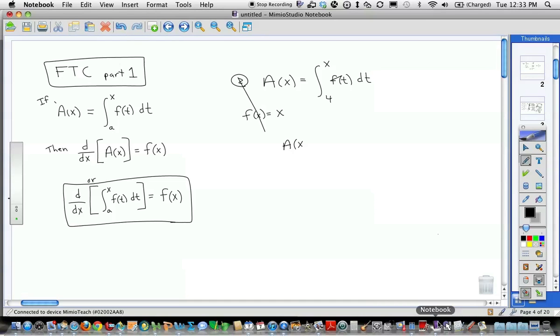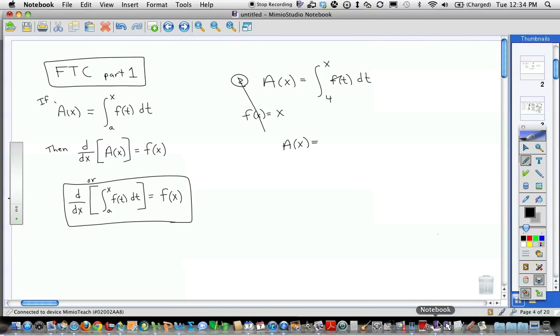Now, I would hope a couple of things will happen to you as we get more used to seeing this. When you see this area function notation with this x up here like this, you think antiderivative, okay?